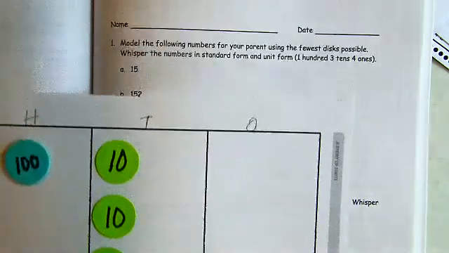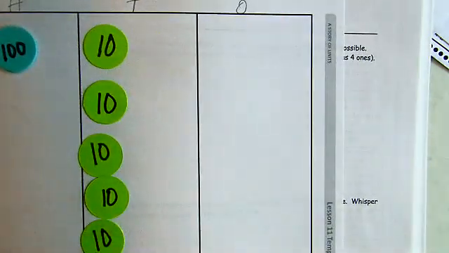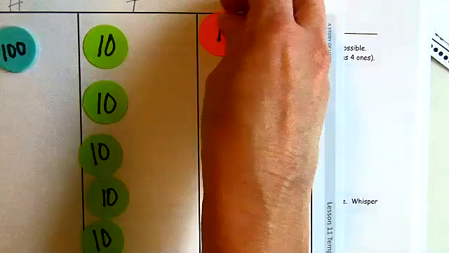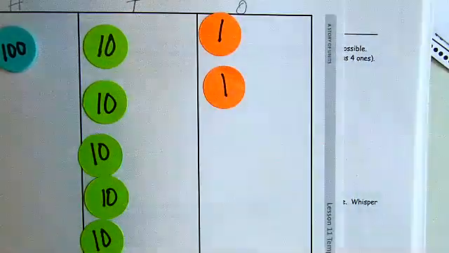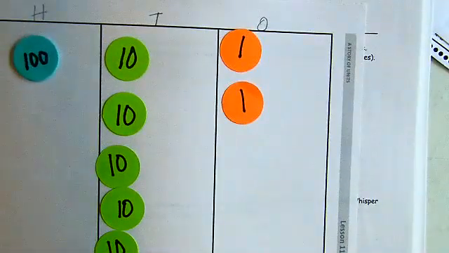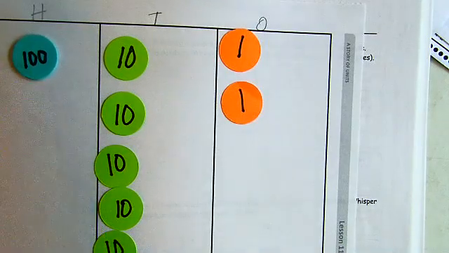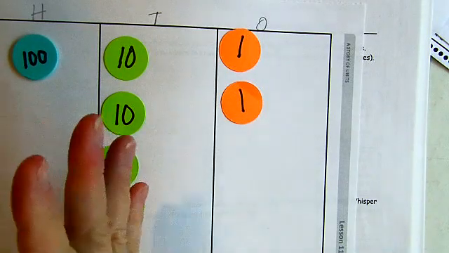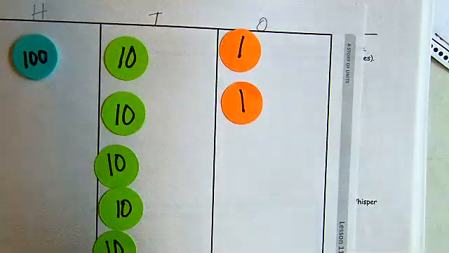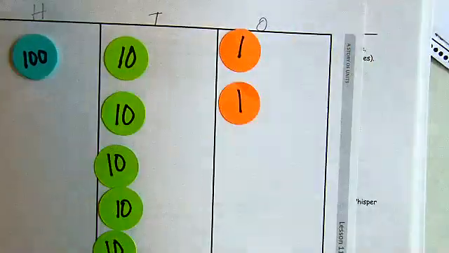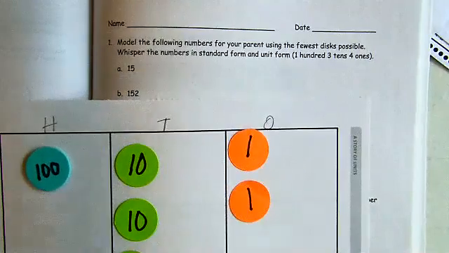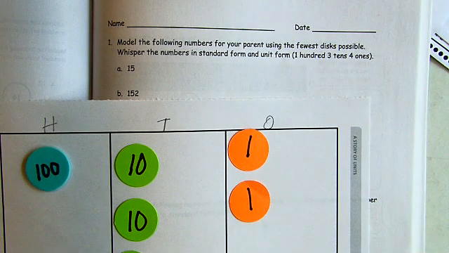And then a 2 over here. Okay, so unit form, I have 1 hundred, I have 5 tens, and I have 2 ones. The standard form, 1 hundred, 5 tens is 50, 152.